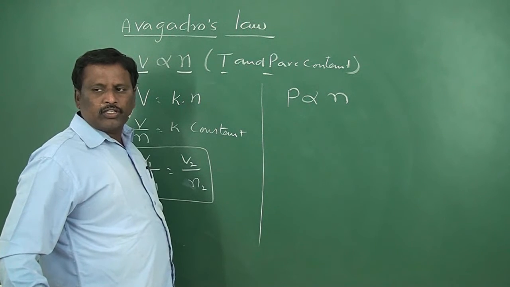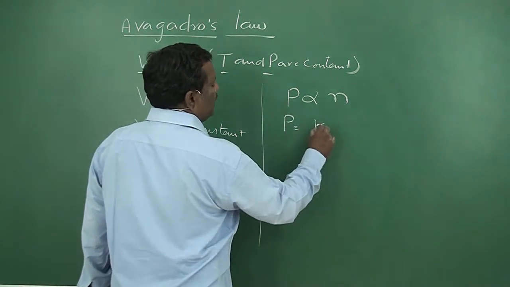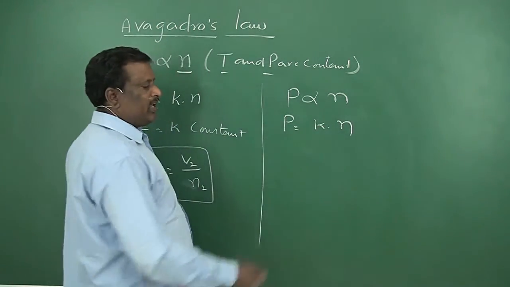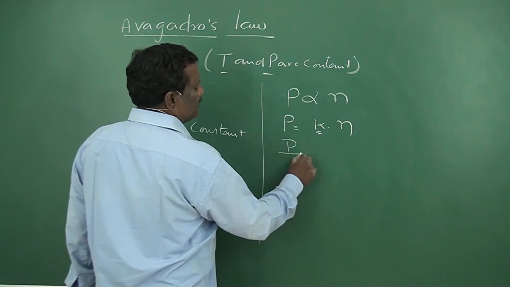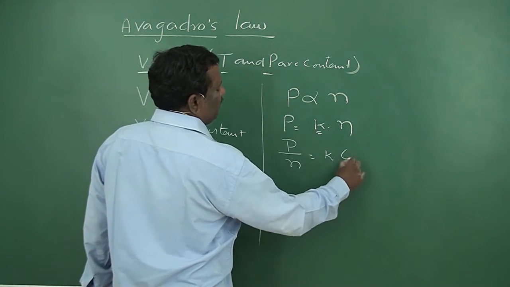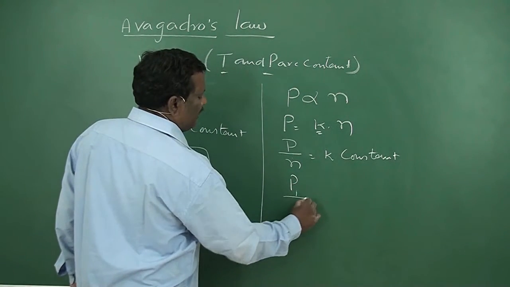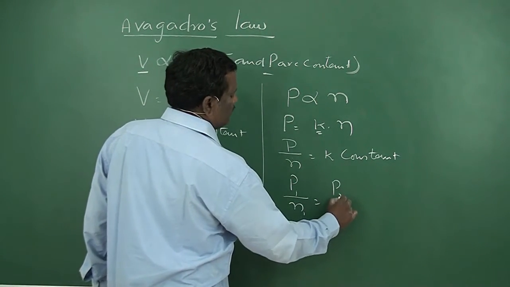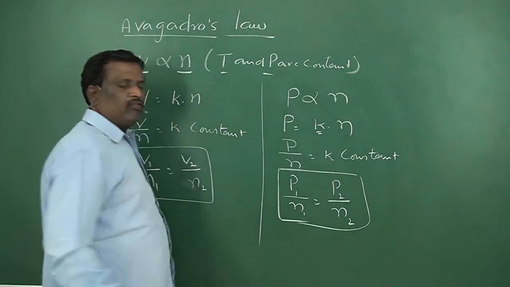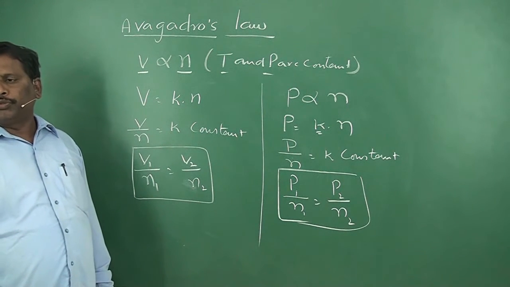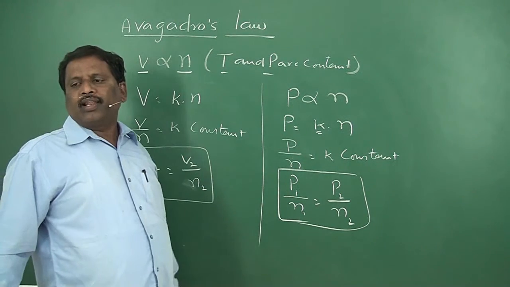P is directly proportional to small n, or P is equal to K into small n, where K is a constant, or P by small n is equal to K constant. Therefore, P1 by N1 is equal to P2 by N2. This is another form of Avogadro's law.